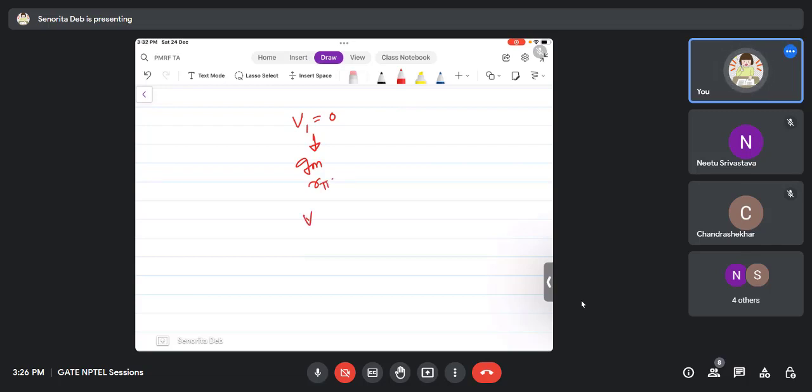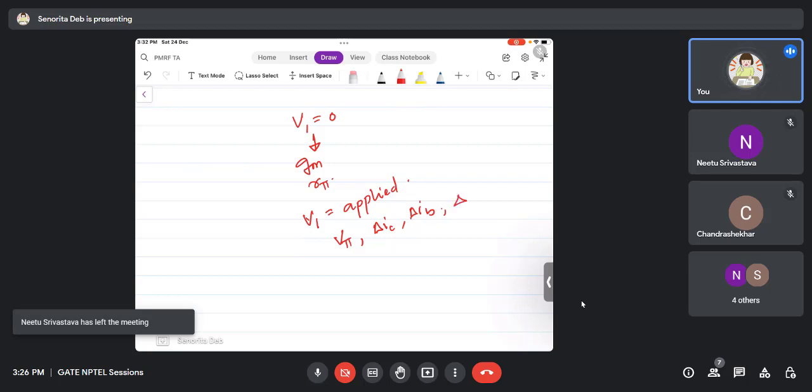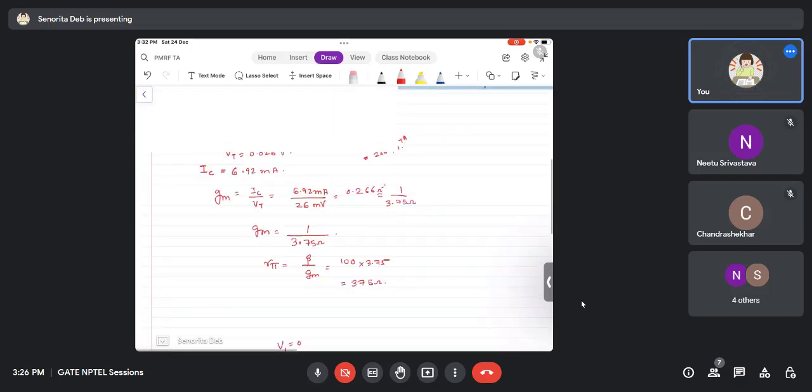Now if there is some V1 applied, you can easily find out your V pi, delta IC, delta IB. And if there is some output resistance present, you can also find out your delta V out. So this is how the question will proceed.